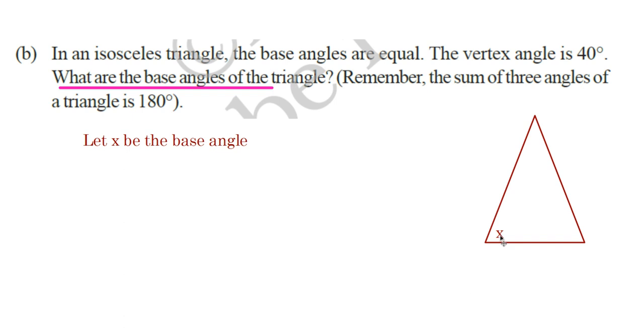Now see here, if one of the base angles is x, you know that the other base angle also will be x, because in an isosceles triangle base angles are equal, and the vertex angle is 40. So now you can apply the angle sum property, that is x plus x plus 40 degrees is equal to 180 degrees. That is 2x plus 40 is equal to 180 degrees. From that you will get the value of x. Do it yourself.